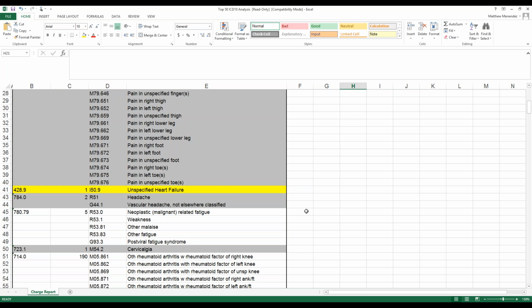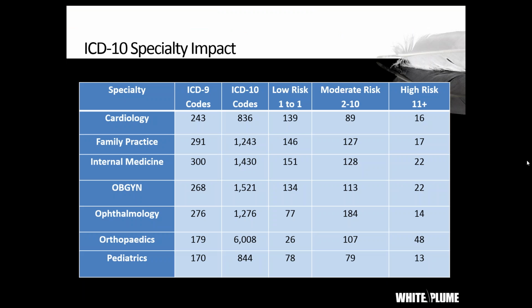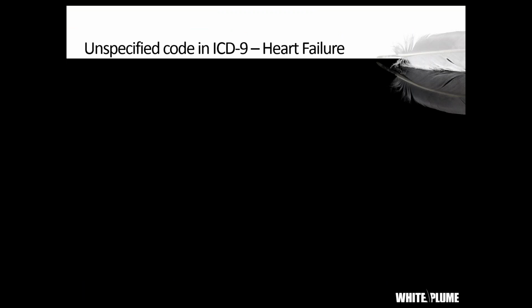You may not want to use that code, or some of you may not want to use that code. So let me walk through why that's showing up as just a one-to-one choice and where the more specific options are and what to do to correct it if you don't want to use that type of unspecified code.